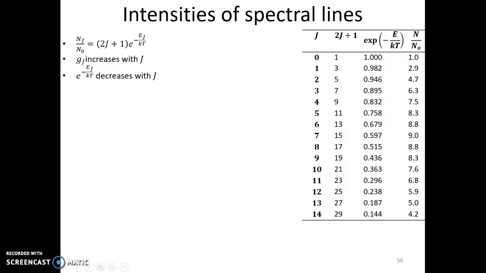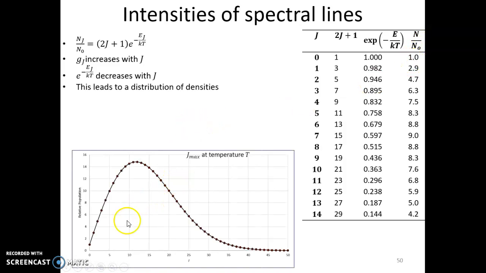This definitely leads to a distribution that we are usually familiar with. If you look at N over N naught, we have an increase. It gets to a certain maximum. So from 1.0 to 0.9, 4.7, all the way to 9.0.